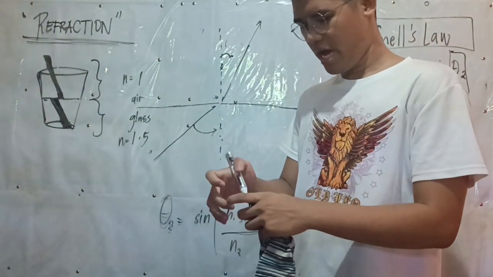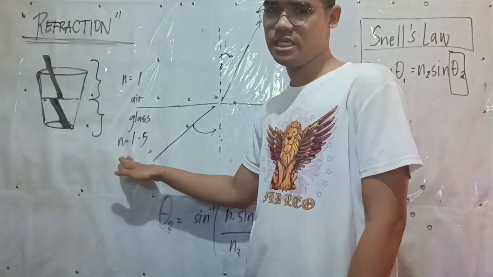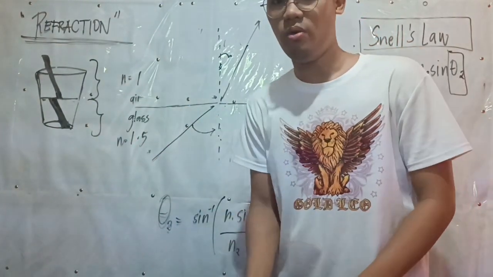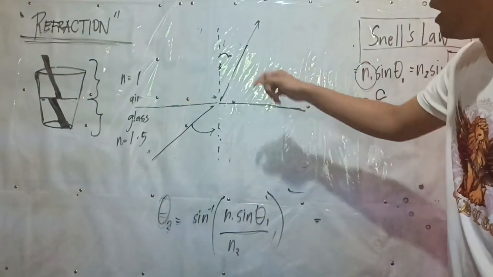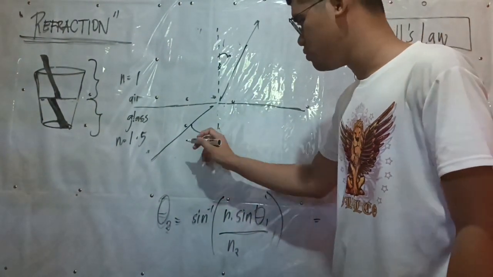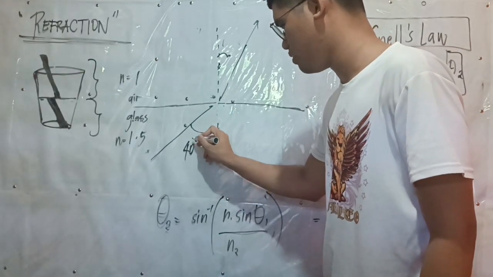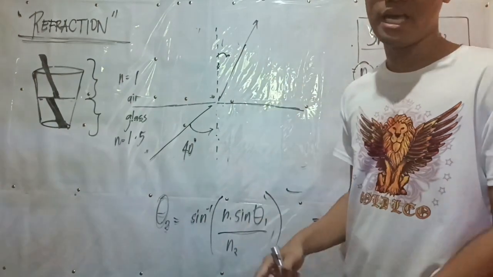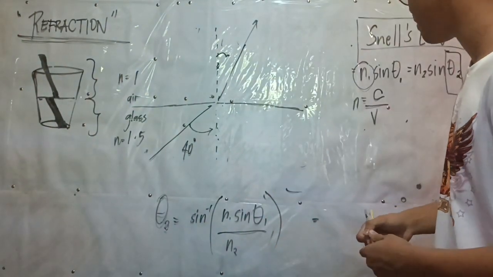Before I forget, the index of refraction for the glass is approximately 1.5 and for the air it is just 1. So if our angle of incidence is 40 degrees, what would be the angle of refraction?